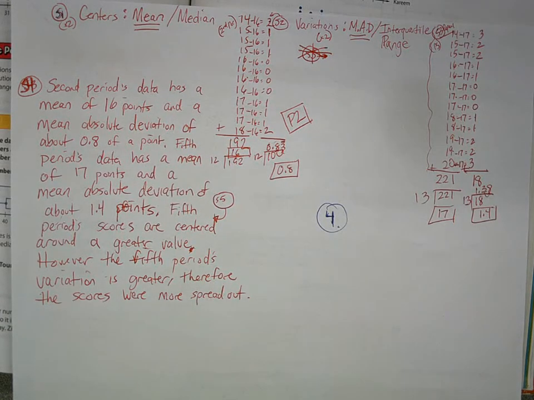For the mean absolute deviation for the girls, about 8. I got 65, and for the mean absolute deviation, I got 0.8, and for the girls, I got 69.